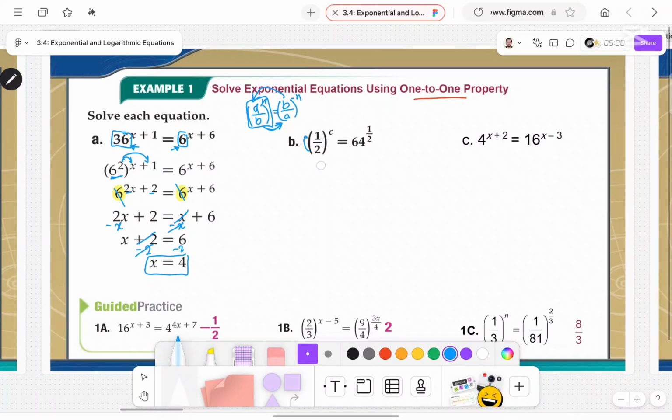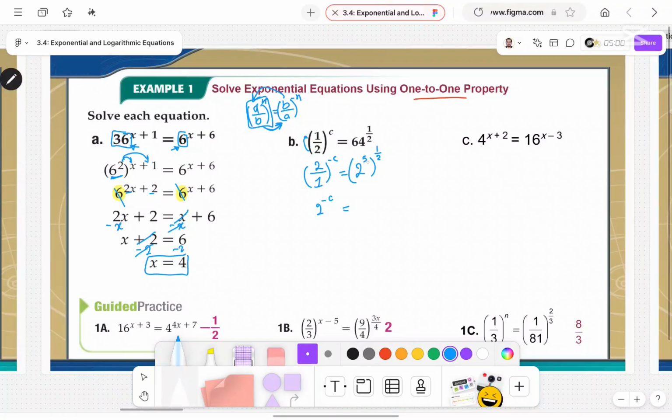So now it becomes, let me flip the fraction, 2 over 1, all of that to the power of negative c, right? So 2 over 1 means what? 2 to the power of negative c, because any number over 1 is the same number, equal 64. 64 can be written as 2 to the power of 5, okay, to the power of 1 over 2.